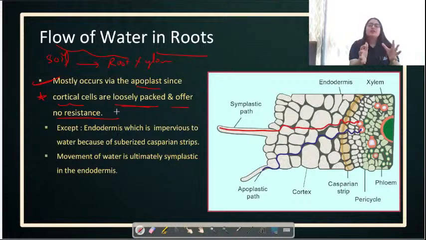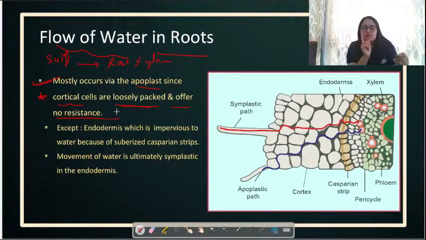Since the cortical cells form the major portion of the root layers and are loosely arranged, they provide enough intercellular spaces as well as cell wall spaces for apoplastic movement of water. Because of this, the movement of water from soil solution to root xylem is majorly through the apoplast pathway. That's the conclusion you got to remember.